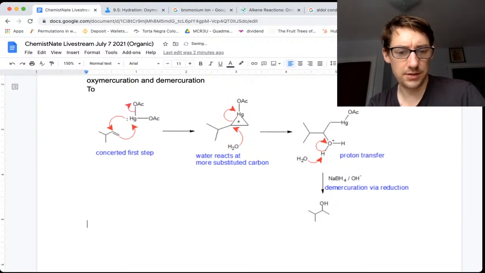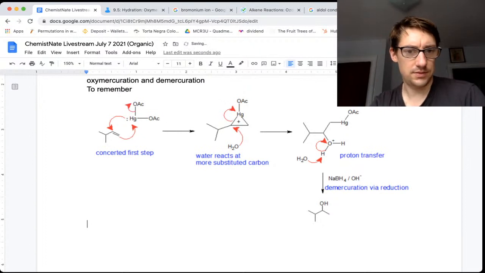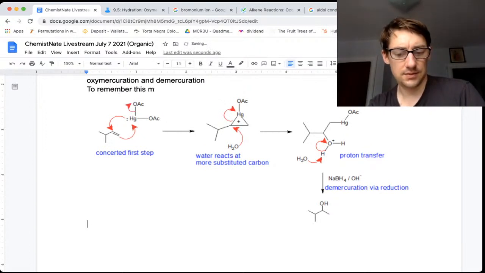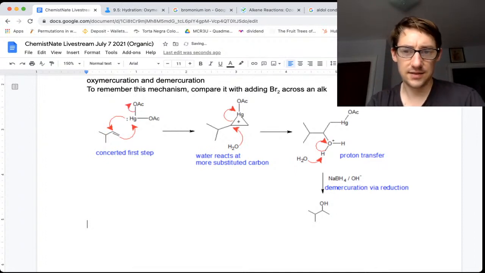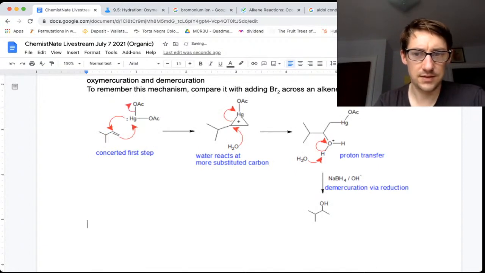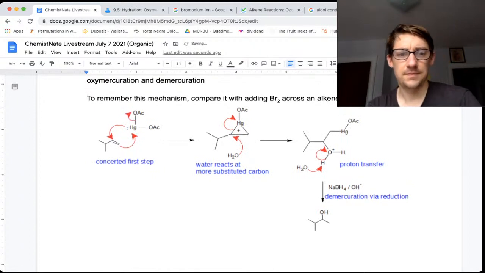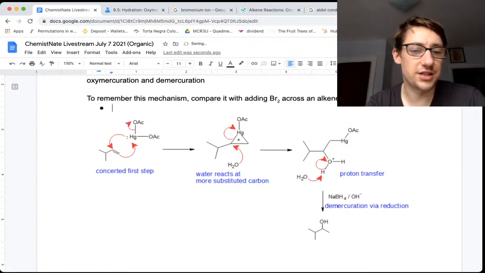To remember this mechanism, compare it with adding Br2 across an alkene, assuming you have to know the bromination of an alkene.